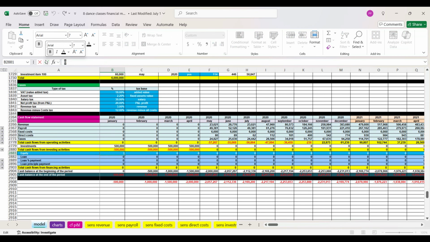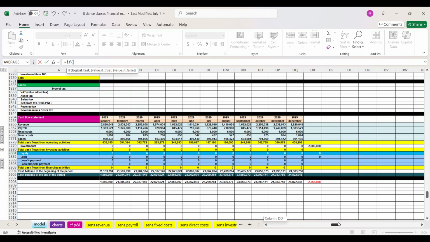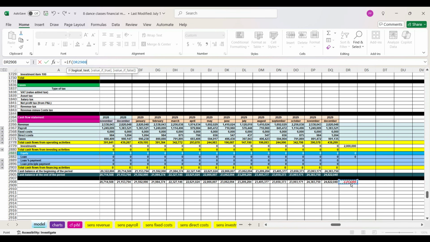If this value is negative, then we're putting this value with the opposite sign at the beginning of the cash flow, otherwise we are returning 0.